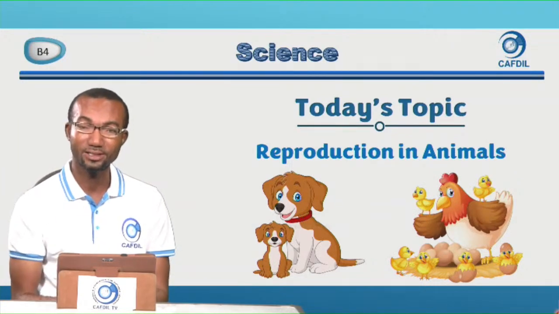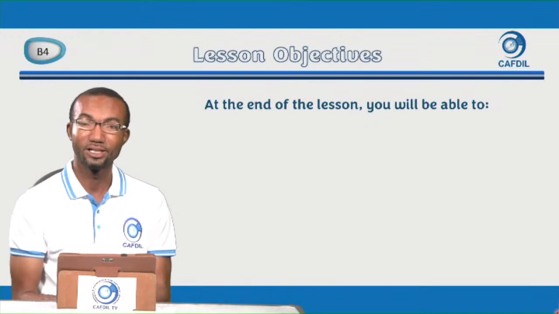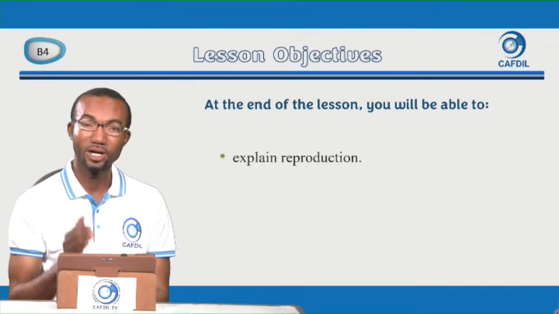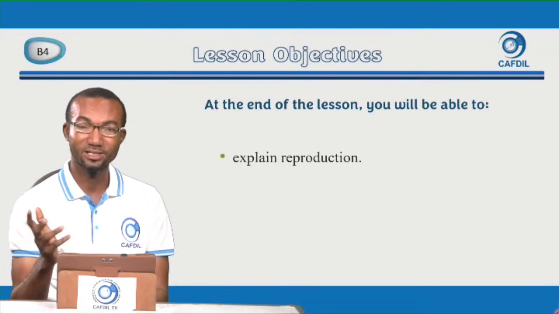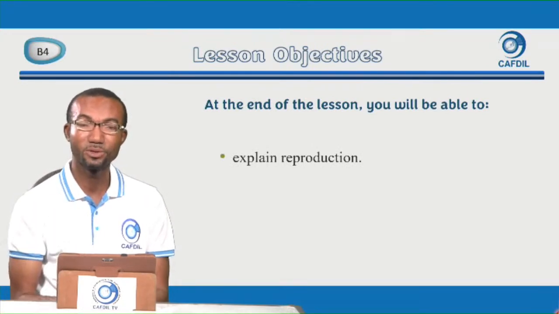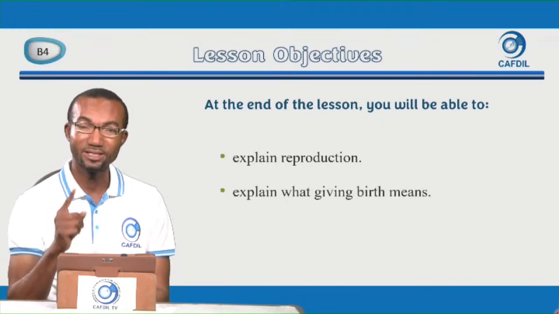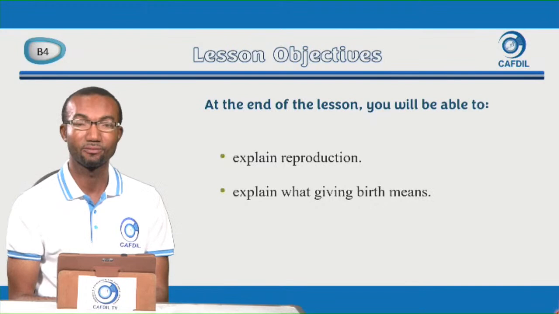As I said, reproduction is one of the life processes of living things. At the end of the lesson, you will be able to: 1. Explain what reproduction is. 2. Explain what giving birth means.